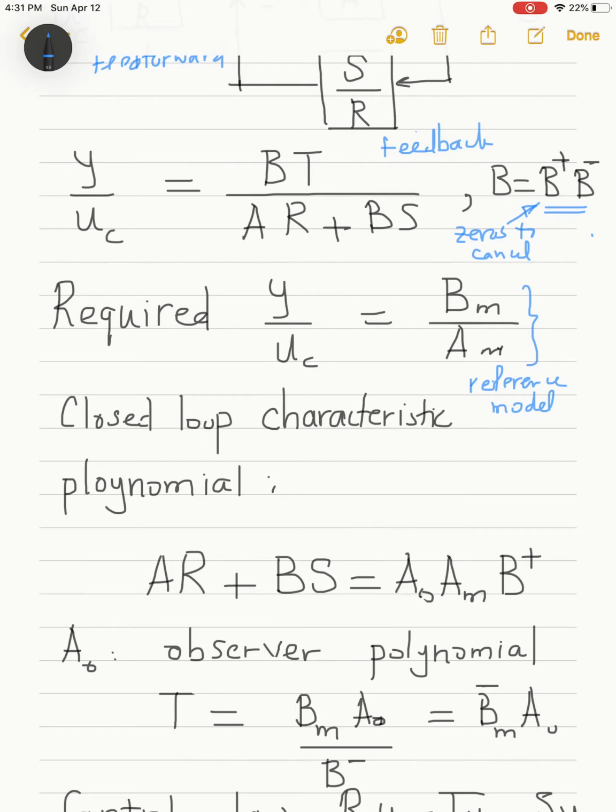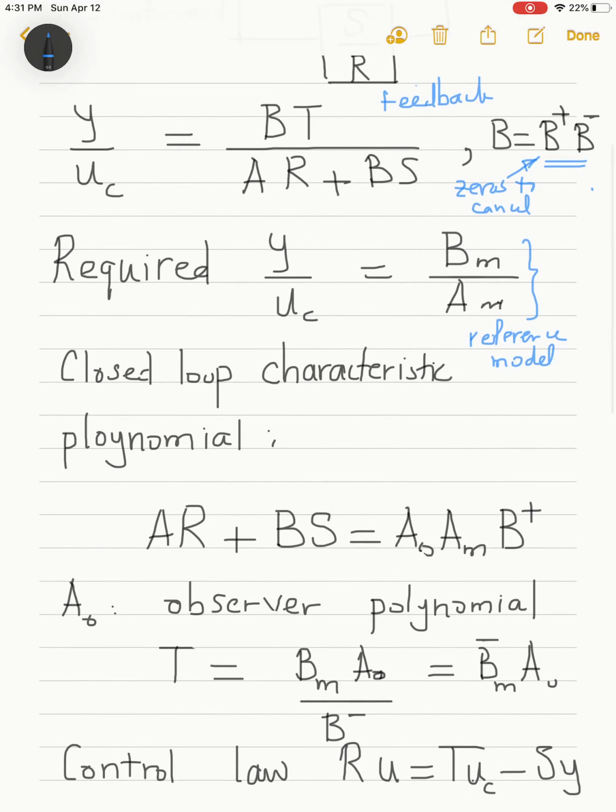The characteristic polynomial of the closed loop system is given by AR plus BS, and that can be shown to be equal to some polynomial A naught, which we call the observer polynomial, times Am, which is the denominator of the reference model, times B plus, the factor that contains the zeros to be cancelled from the original system.